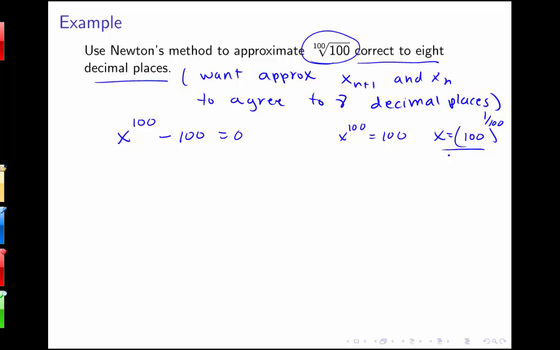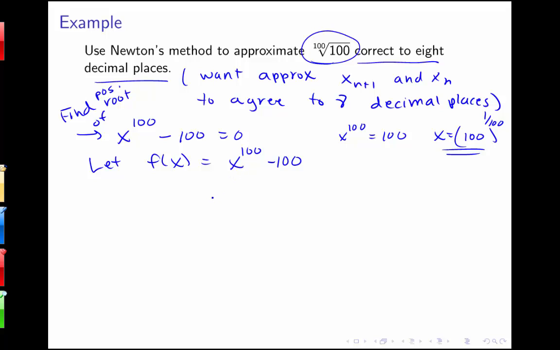Okay, so this question of approximating this is the same as the question of finding the root of our example here, in particular the positive root, because we're not talking about finding negative the 100th root of 100. So I'm going to let f of x then be x to the 100 minus 100, so the problem really becomes, where does this function cross my x-axis?